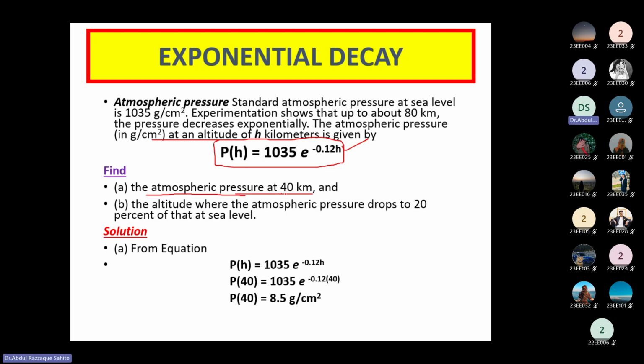In place of H over here, we will place the value for H, that is 40 kilometers. So if I place H as 40, I find the answer is 8.5 grams per centimeter square.